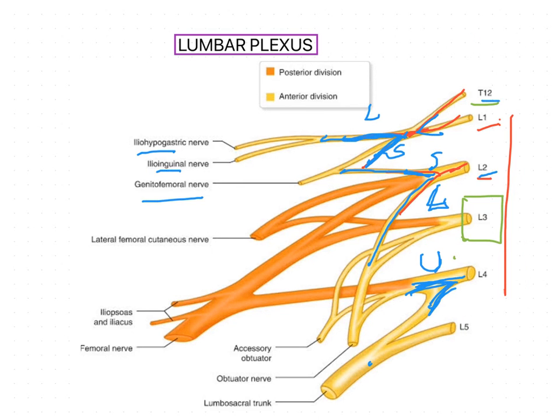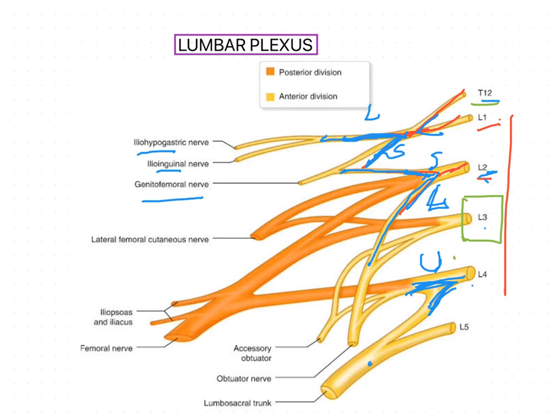For L2, the larger lower division, the entire L3, and the L4 upper greater division are remaining.